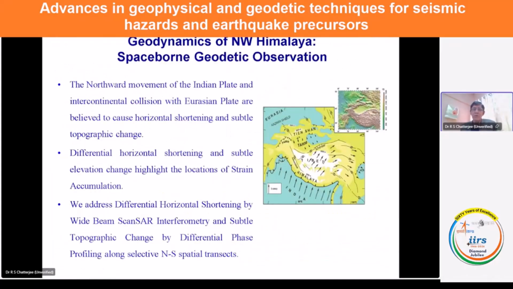Now, when studying the geodynamics of the Northwest Himalaya, we need to study the geodetic observations, both interferometric SAR and the GNSS. And nowadays, you know that CORS, continuously operating reference stations, or permanent GPS station networks, have been established by ISRO of India, although we had them by different organizations like Indian Space Research Organization, then NGRI, National Geophysical Research Institute, then Wadia Institute of Himalayan Geology, then MoES.